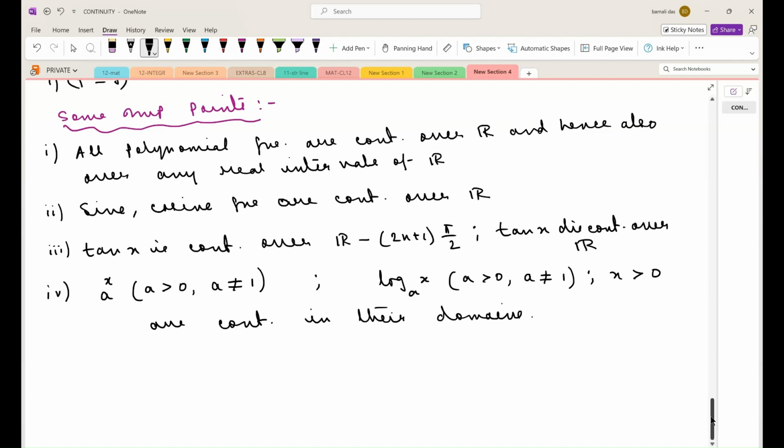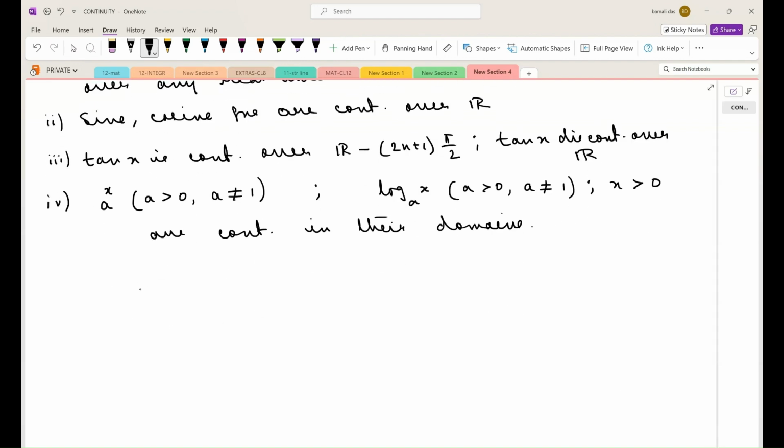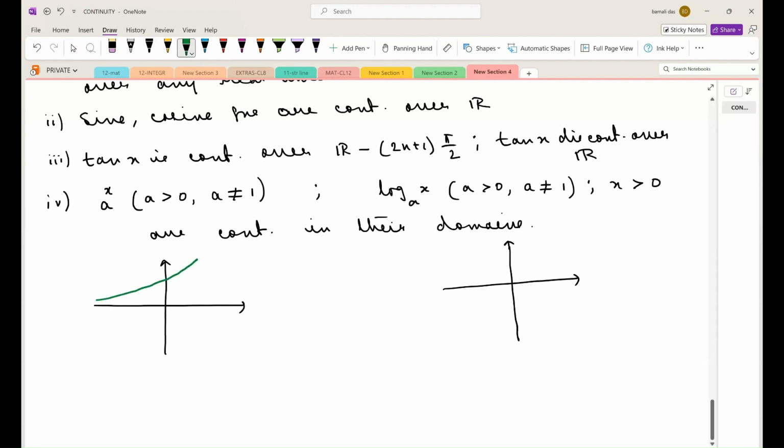I'll try to quickly explain it through a graph, very simple one. This is for a to the power x and this is for log. Now for a to the power x, the graph is like this, I've explained to you earlier. This is asymptotic here, and this point is the (0, 1) point. And the log graph is like this, asymptotic here and passes like this.